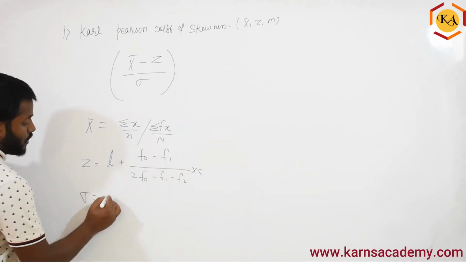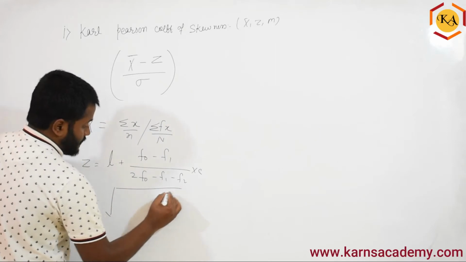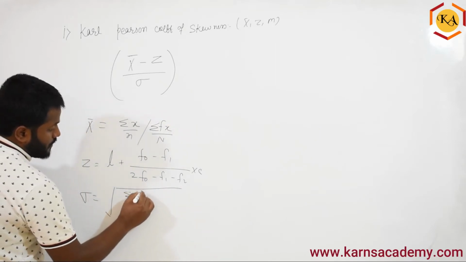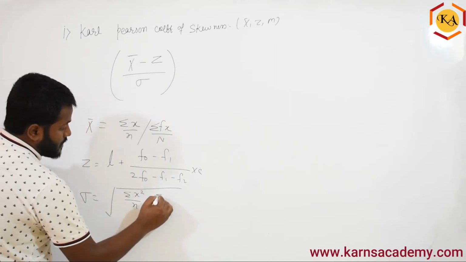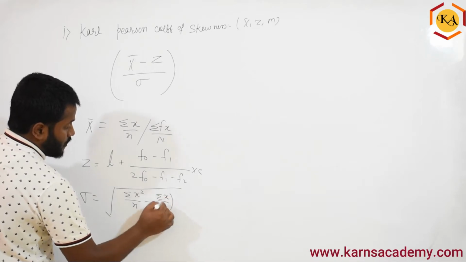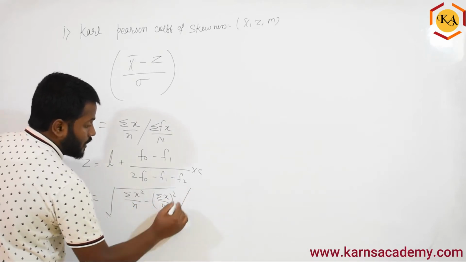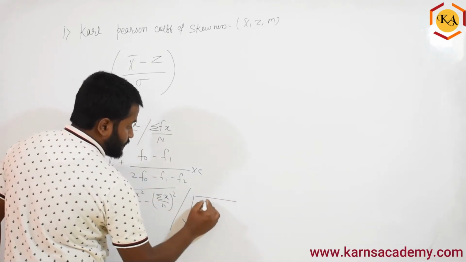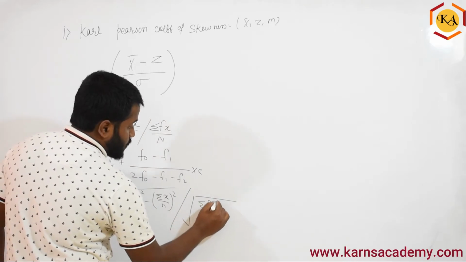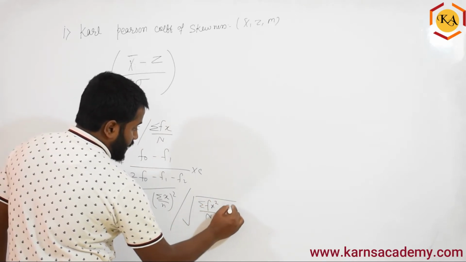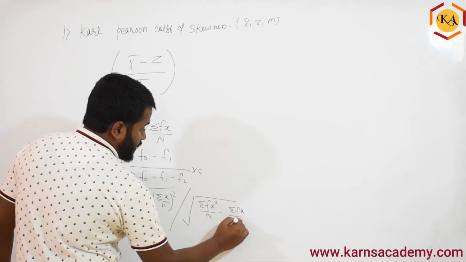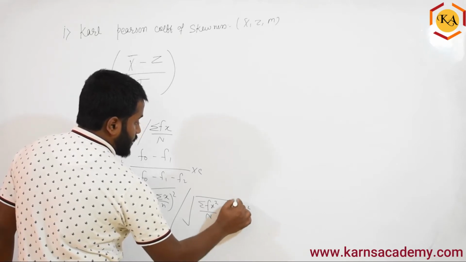And you also know how to find the standard deviation, which is the square root of summation x square by n minus summation x by n whole square, or for grouped data, summation fx square by n minus summation fx by n the whole square.